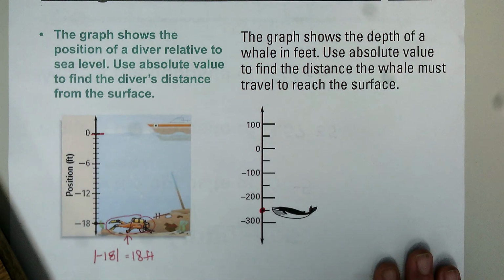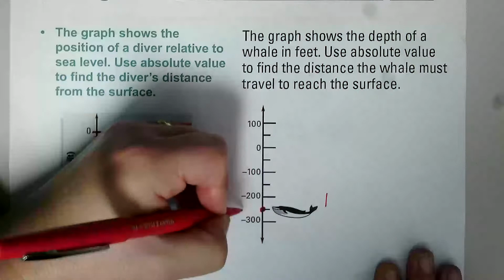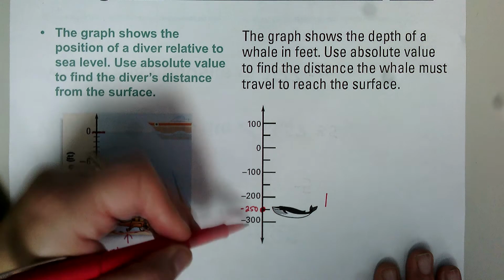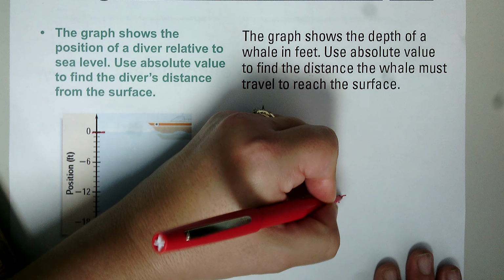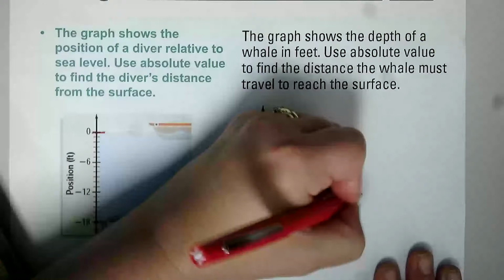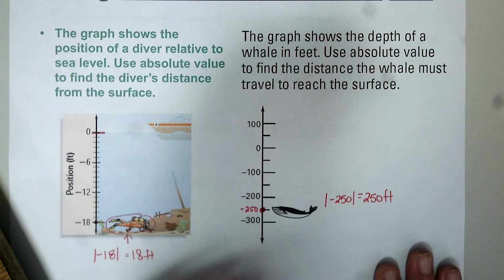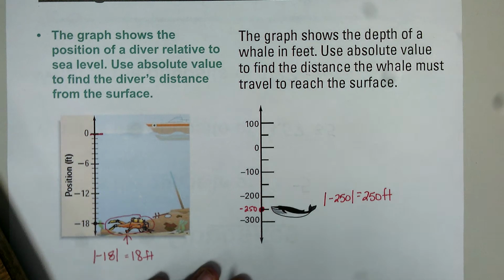We're halfway there, so it's 250. It's between -200 and -300. So the absolute value of -250 is going to be 250 feet. So the well is 250 feet below the surface.